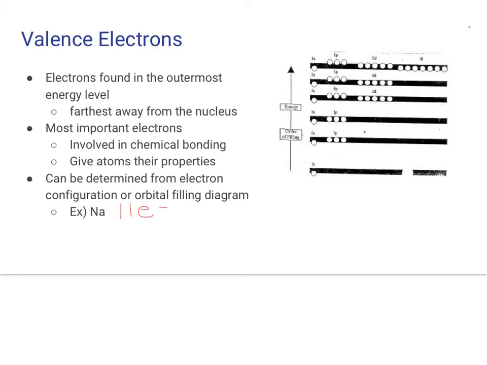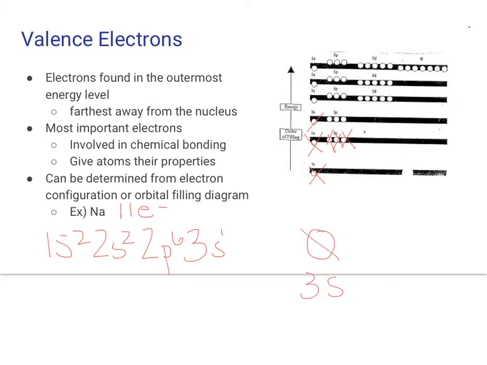So if we fill in our orbital filling diagram, we get 1, 2, 3, 4, 5, 6, 7, 8, 9, 10, 11. From there, we could end up with an electron configuration that looks like this: 1s2, 2s2, 2p6, 3s1. And if we were to draw the orbital filling diagram, it would look like this.